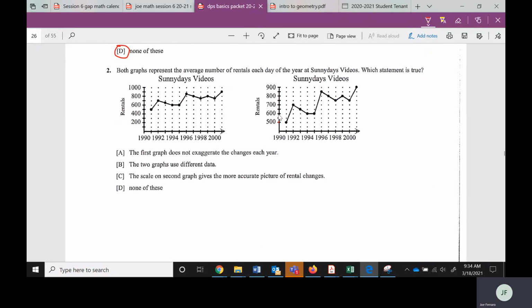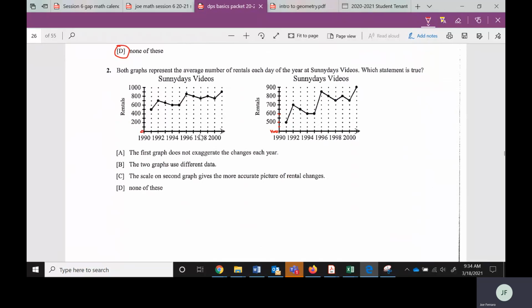This distance from here to here is 100, but that same distance here would not put this at 0. These are going down 100, so this would put that at 100 and this at 0. This would put this at 450, and this would be 400. So it's a little misleading. Okay, it's not starting at 0. The points are all the same. Like this is at 500, this is at 500.